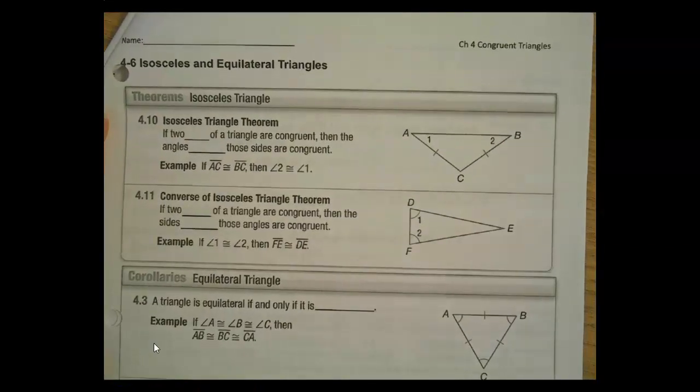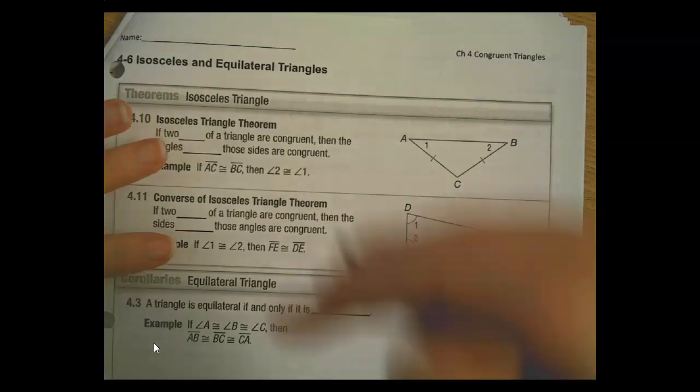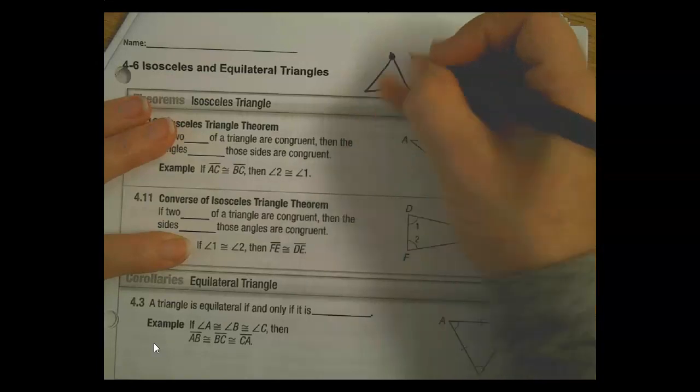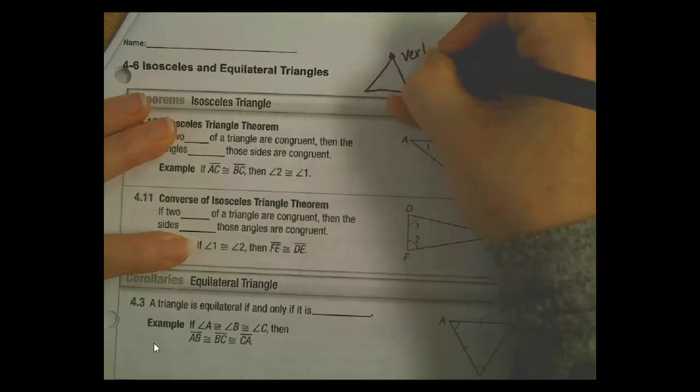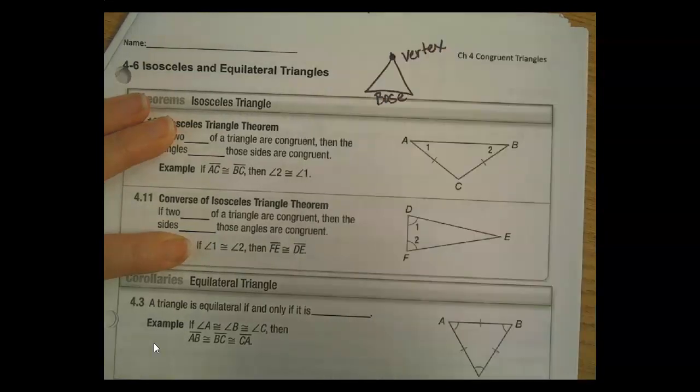All right, so moving on to 4-6. I thought that was enough, but obviously there's more. Let's see. Isosceles and equilateral triangles. Make sure that you know, this would be considered your vertex, and this is considered your base.